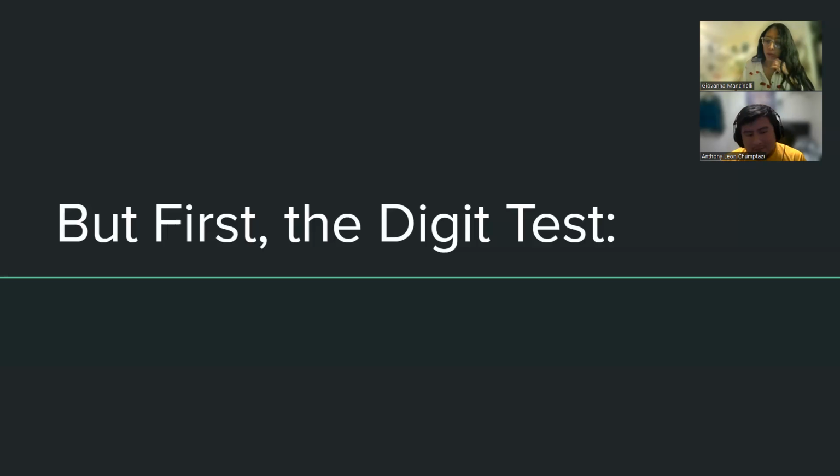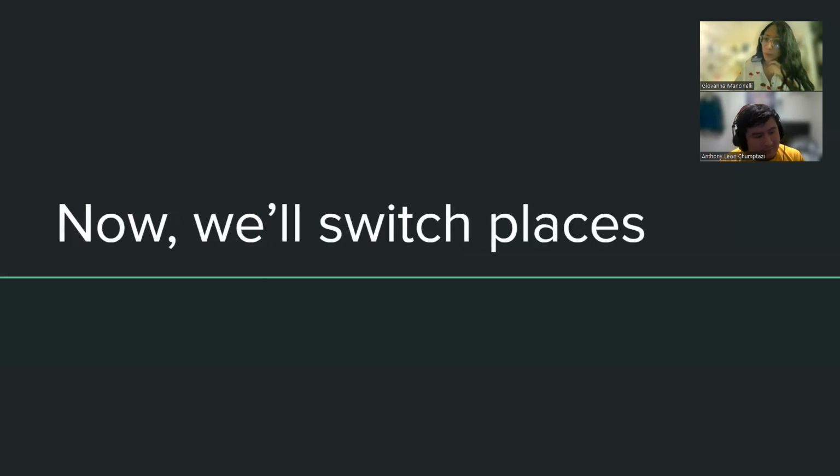Okay. So now we're going to switch places. So do the same thing with me. Anthony has prepared his own numbers, and I haven't seen them yet. All right then. The first number is 8. 8. The second is 9, 6. 9, 6. Third one is 6, 9, 8. 6, 9, 8.